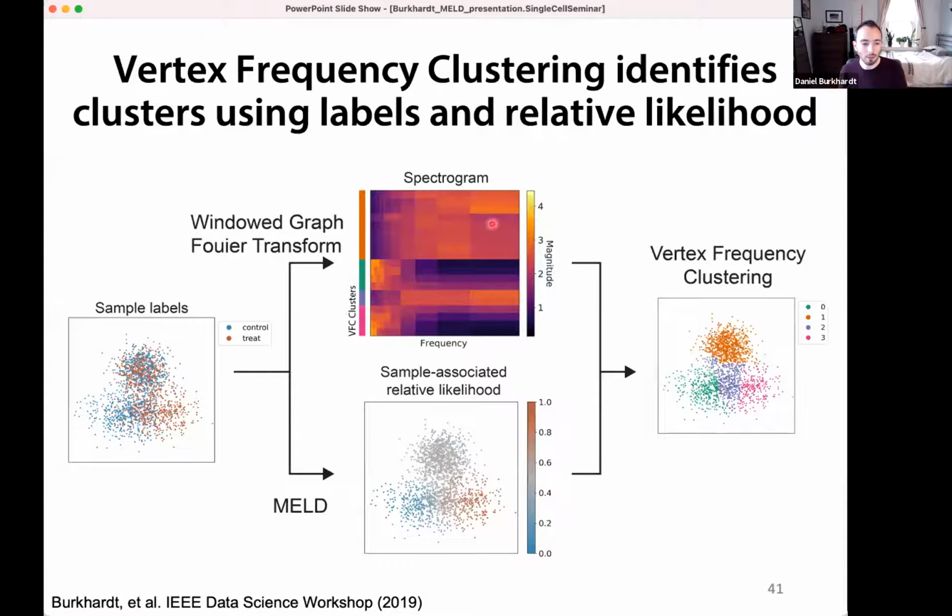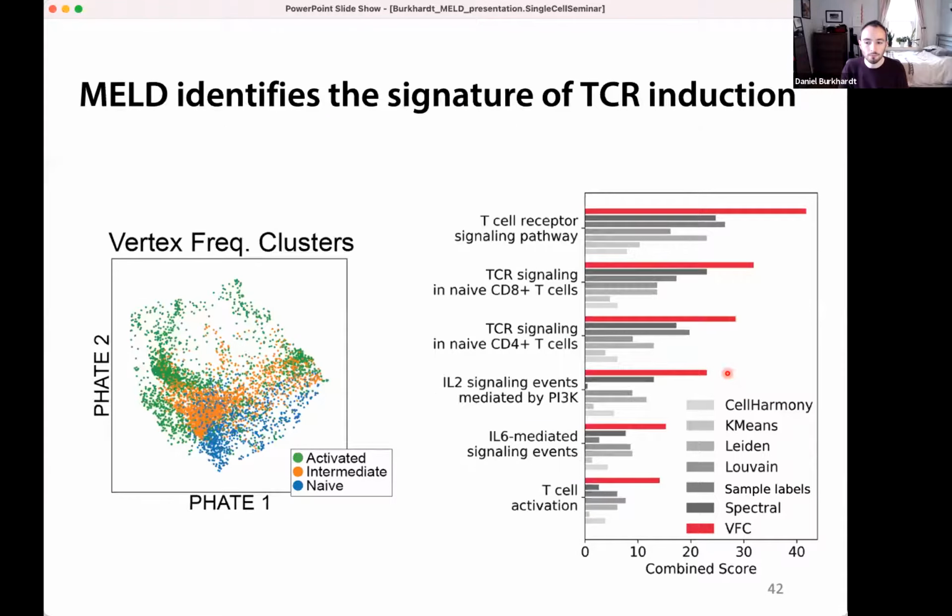I'm going to skip over how this works, but the basic idea is that there's information encoded in this data set that tells us that these cells are halfway in between these two conditions and that these are totally uniformly mixed. That has to do with the likelihood that a cell's neighbors, or their neighbors' neighbors, have the same label as that cell. And that allows us to create new clusterings of the data that we can then use to say these cells are enriched or not enriched.